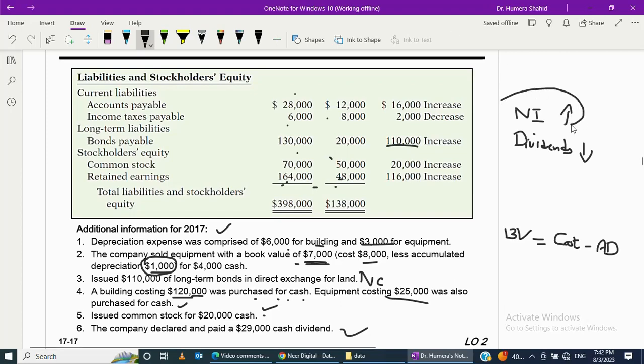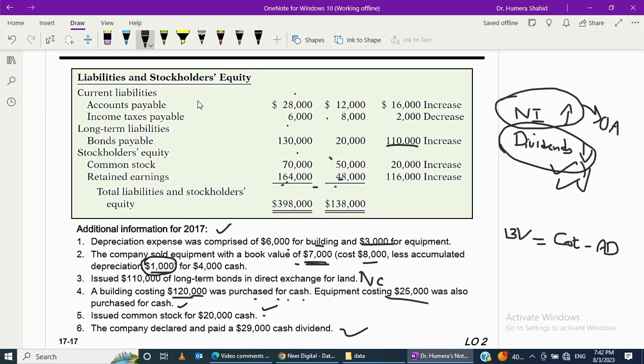Net income is part of your operating activities because it is on the income statement. Dividends are part of owner's equity, because dividends are paid to the common stockholders, and they are paid out of the retained earnings, so they actually affect the retained earnings.